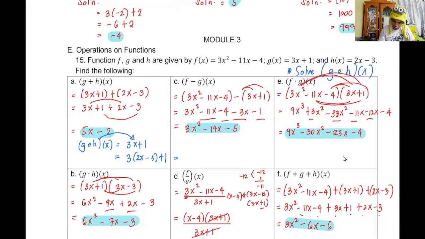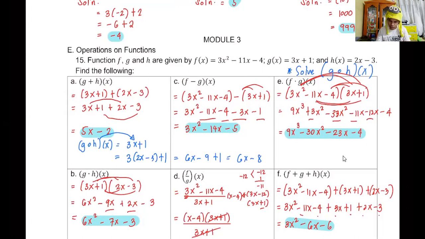So it becomes 6x minus 9 plus 1 or 6x minus 8. So, therefore, our g circle h of x is 6x minus 8.